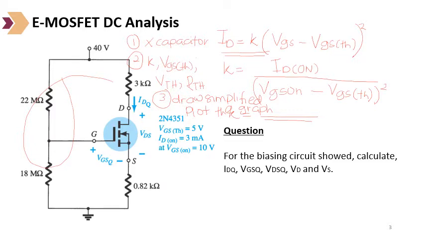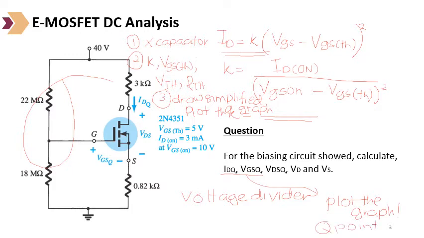This one is just a revision for you so that you can remember how to solve this kind of question, especially for the voltage divider. So the question, we focus on the IDQ and VGSQ, meaning that what you have to do is plot the graph to find the Q point.